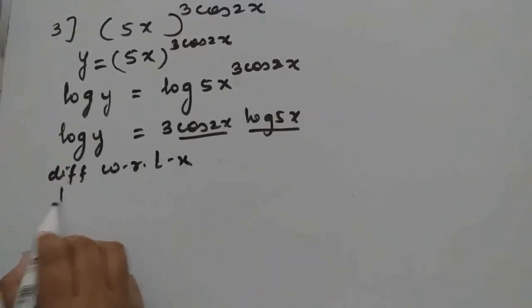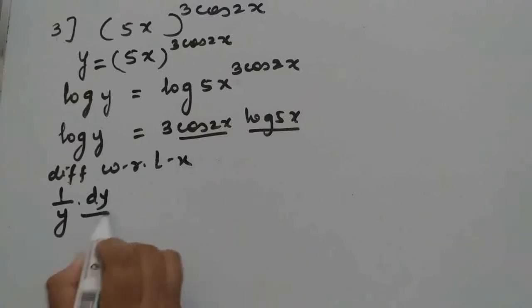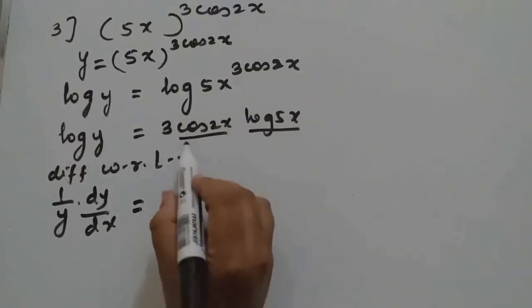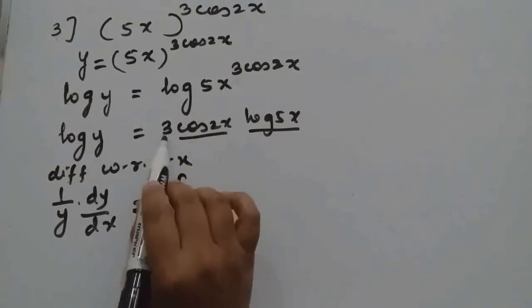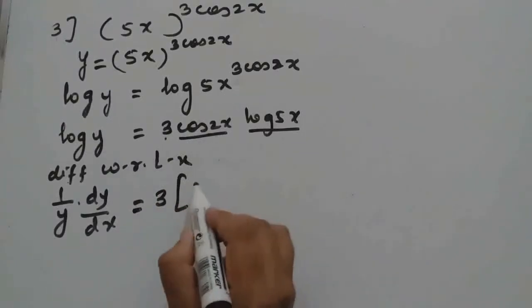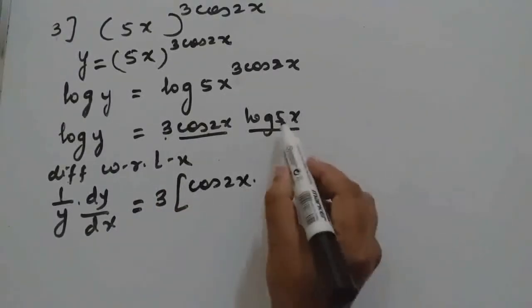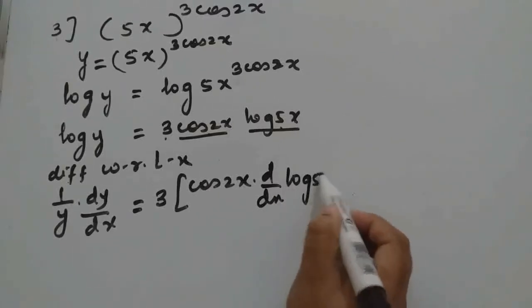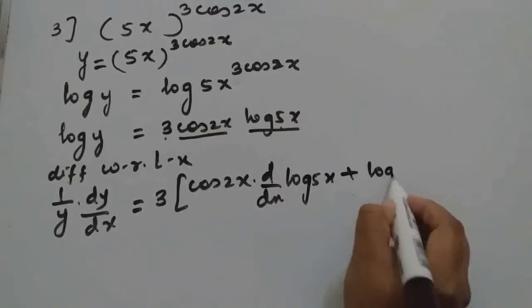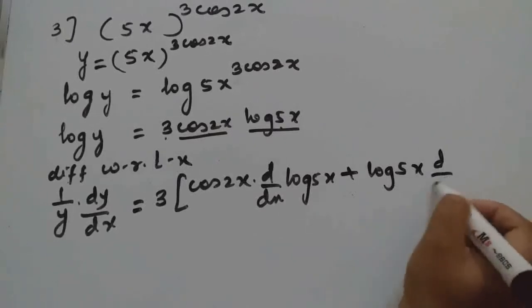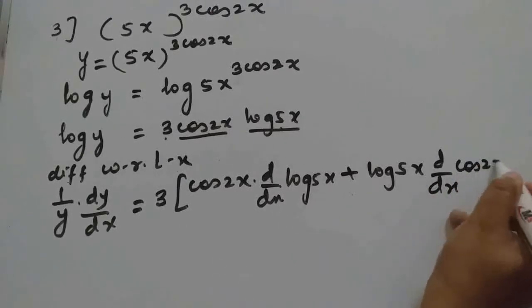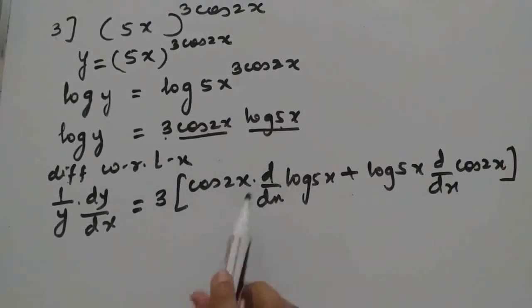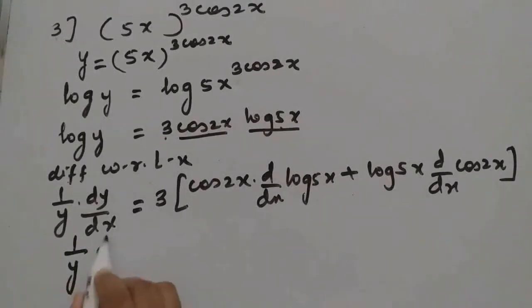So log y means 1/y dy/dx, and here 3 will come out. 3 is a coefficient. First function same, derivative of the second, so derivative of log 5x, plus log 5x is same, derivative of the first. Now while taking the derivative of these two functions, again we have to check whether these are standard functions or composite.